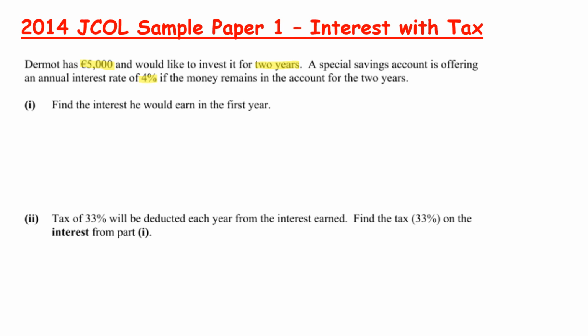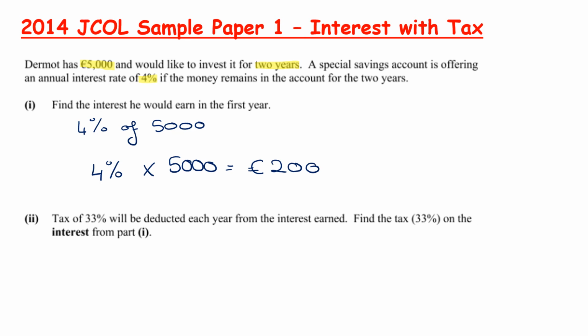There's no need to use the formula, you can, but we basically want to find the interest, so 4% of 5,000. You can use decimal here, 0.04, or 4%, whatever you prefer. I'm going to use percentage, so 4% multiplied by 5,000. Just use your percentage button on your calculator, and we get €200.